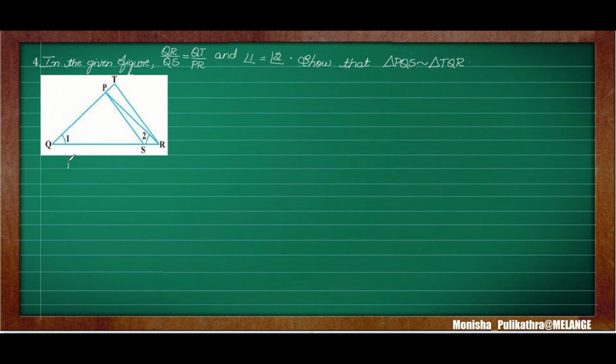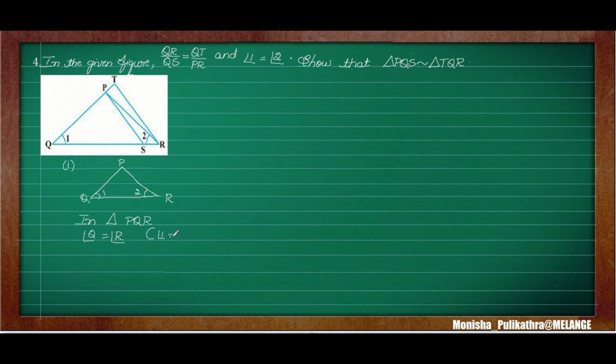In the first case, I will take the first triangle. In triangle PQR, angle 1 and angle 2 are given, so in triangle PQR, angle Q is equal to angle R. Why?